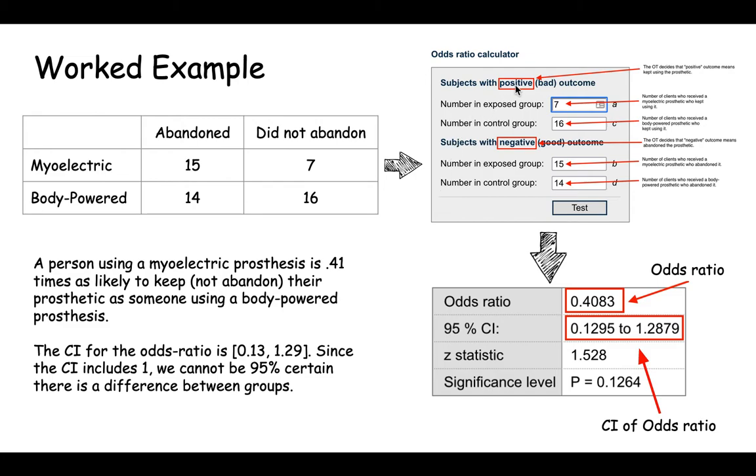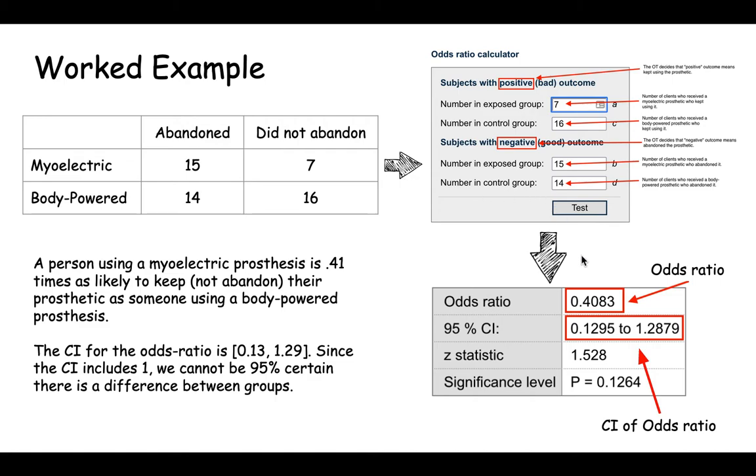We're going to decide, filling out this ratio, that positive means kept using the prosthetic. And here we've got 7 and 16 go in this. And the negative is going to be people who didn't continue using it, so who abandoned it. And here we're putting in the numbers from this column.